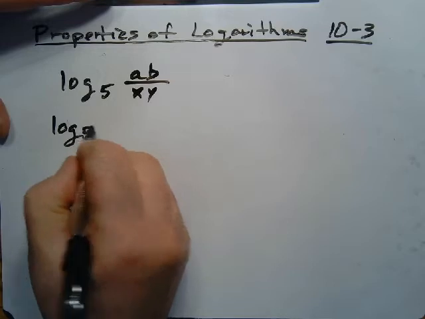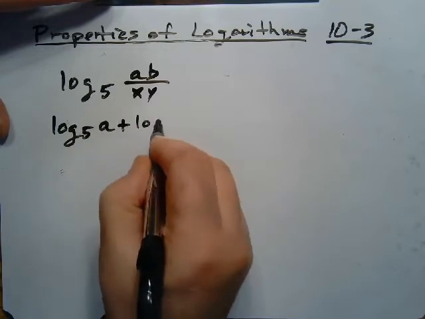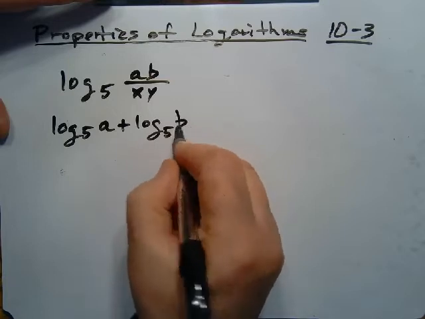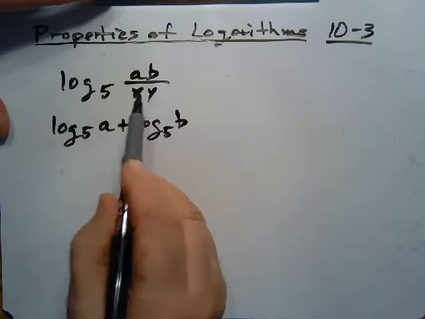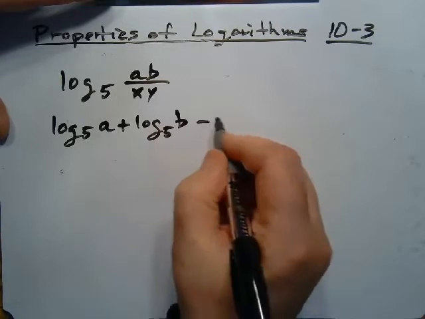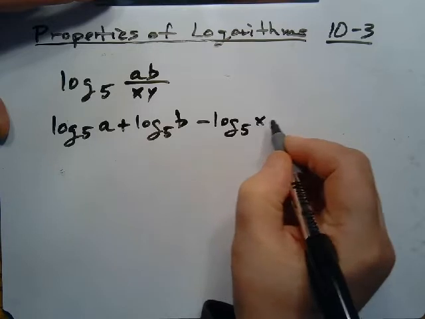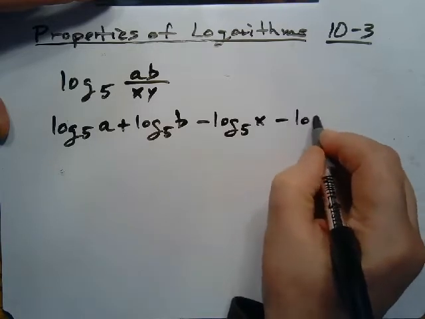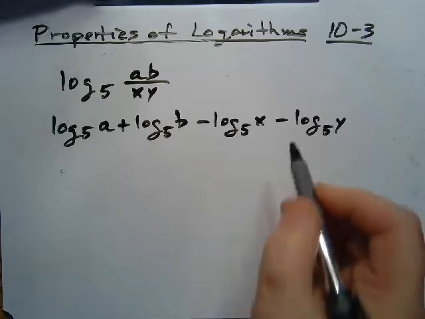Log base 5 of A plus the log base 5 of B. Notice they were multiplied, so we are adding them together, minus the log base 5 of X minus the log base 5 of Y. Now some of you say, why is that one minus?